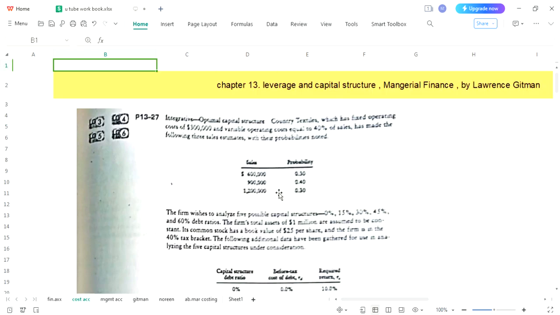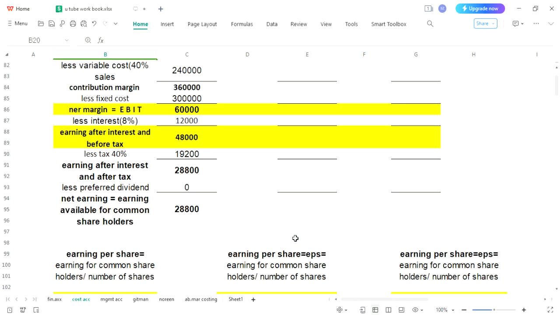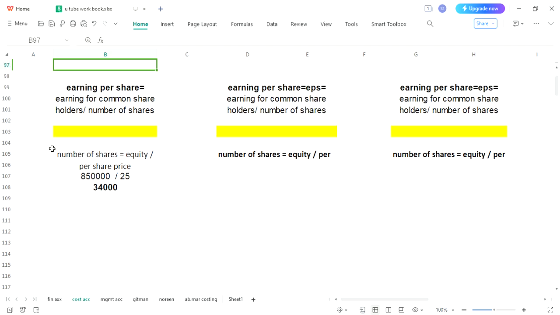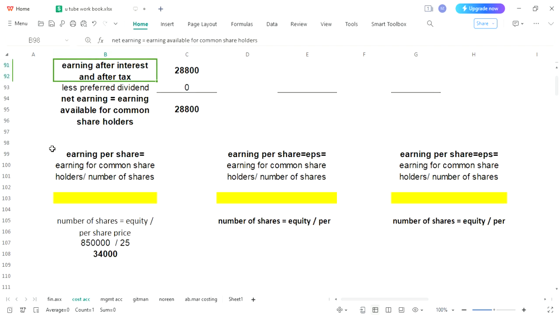Look over here. The common stock has a book value of 25 per share. In this way, we can calculate our number of shares, 850,000 amount of equity divided by 25 per share price. So 34,000 is your number of shares, 34,000 comes up, and now you can calculate your EPS.